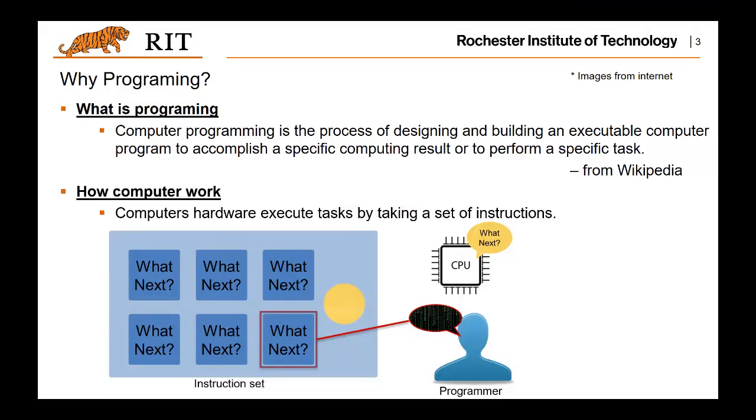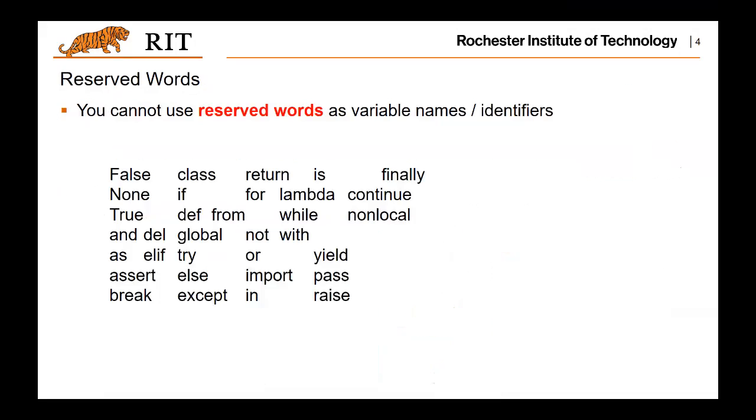The CPU, the central processing unit of a computer, is waiting for instructions, and it requires the programmer to tell it what to do next, right? And that is the code you will write. So in that sense, programming is like you need to always instruct the CPU, the computer, to do something, and then something else.